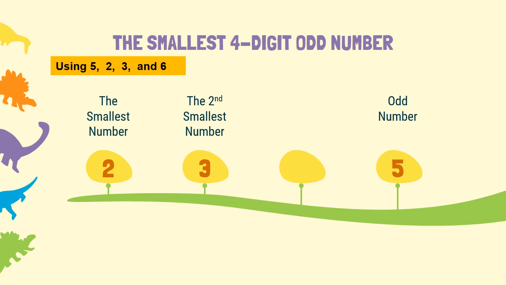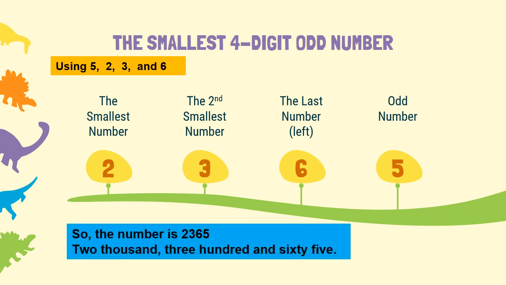And we only have 6, the last number left, right? So I just put 6 here. Okay. We already have the smallest 4-digit odd number from 5, 2, 3, and 6. The number is 2365.